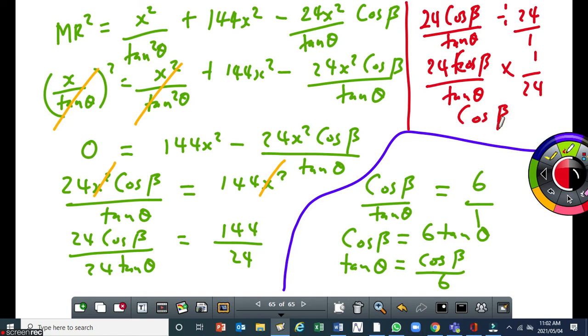These two will cancel out anyway. Or you can write it as 24 cos beta over 24 tan beta. So the division that I did here, I just replaced the normal division line with the division sign. Then I introduce multiplication and swap the numerator and the denominator.